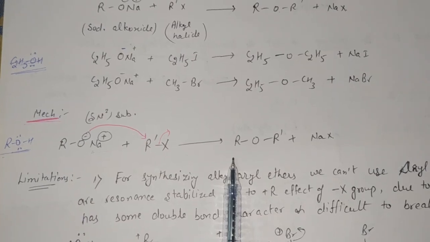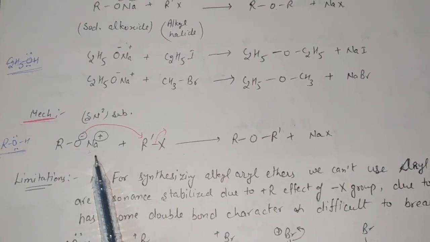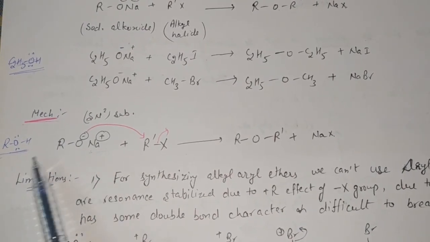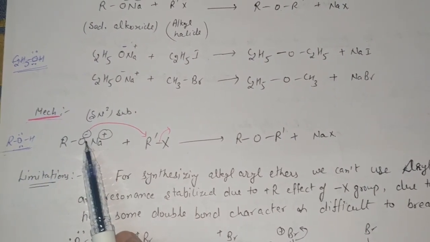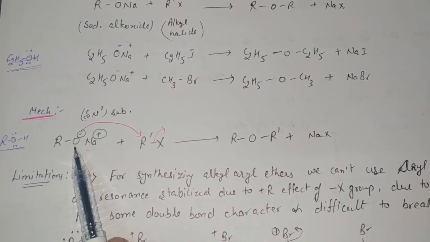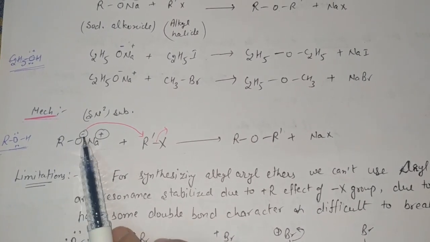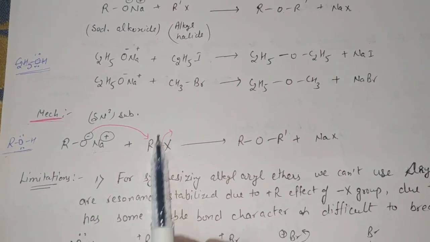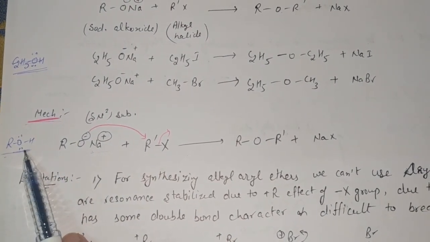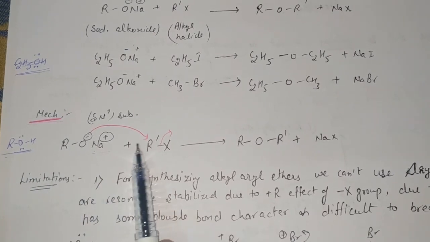Now the question is, why do we always use the sodium salt of the alcohol and not the alcohol itself? The reason is that the attacking species, O negative, attacks the carbon of the alkyl halide, and in the case of alcohol the lone pair will attack this carbon.